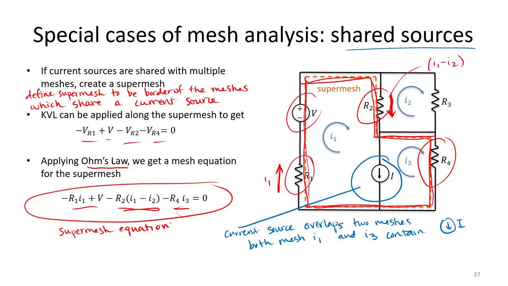And once you have that supermesh equation, you follow the same steps we already know to complete the mesh analysis. Notice in this case the supermesh equation relates I1, I2, and I3. And you would just need to find two more equations relating I1, I2, I3. Then you would have three equations, three unknowns, and you could solve.